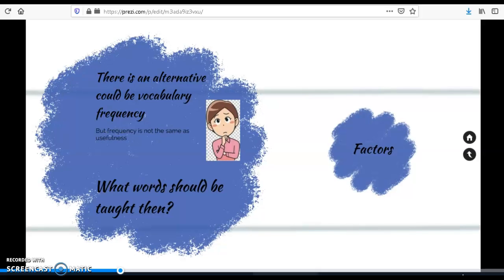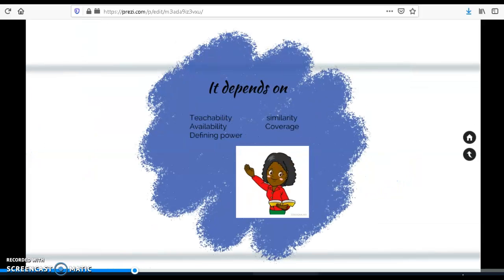This is a way to decide which words to include in instruction. Unfortunately, frequency doesn't always lend itself to usefulness, so what words should be taught? It is necessary to take into account factors like teachability, availability, similarity, coverage, and defining power.